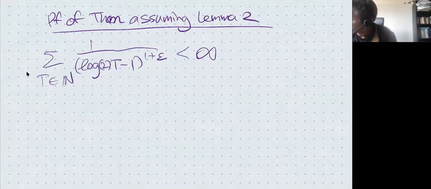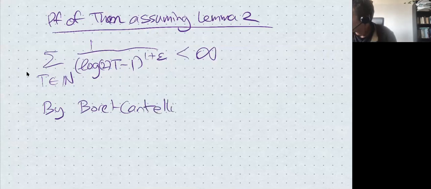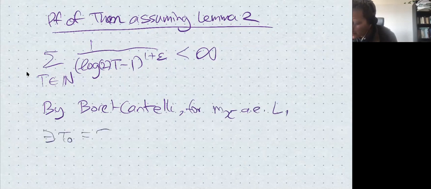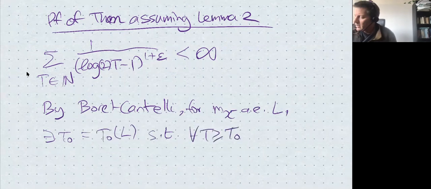And so by Borel-Cantelli, for almost every L, there exists a T0, depending on L, such that for every t bigger than this T0, L does not belong to this bad set.